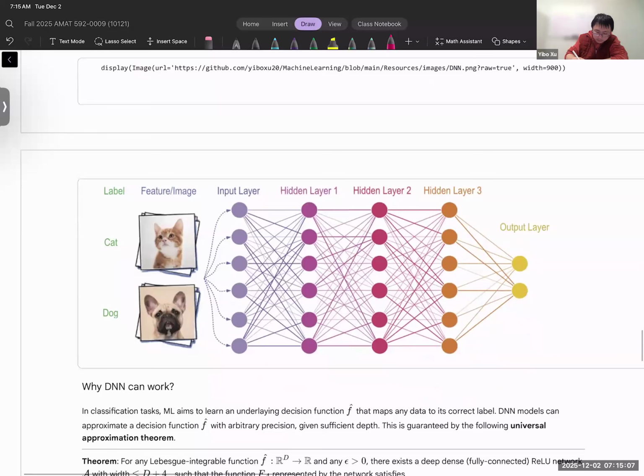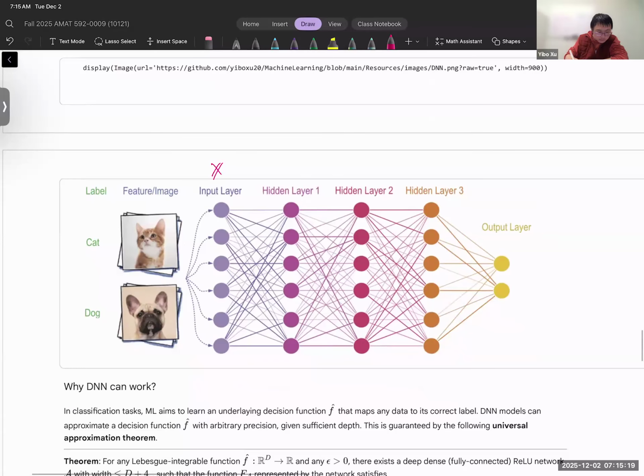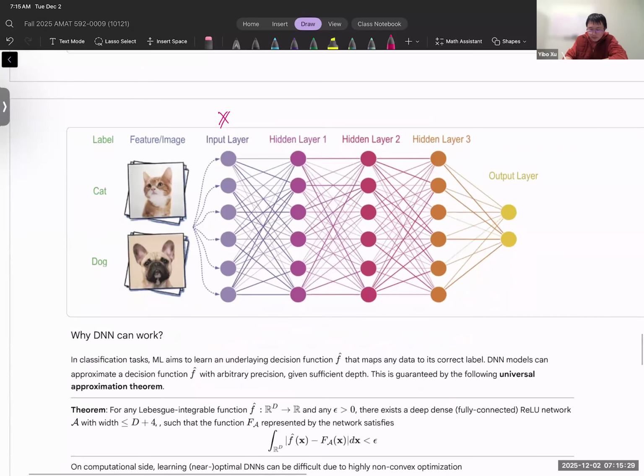We have the input layer again, that's my X. Here we have binary output, so this is going to be my k dimensional output, and k here is equal to 2.